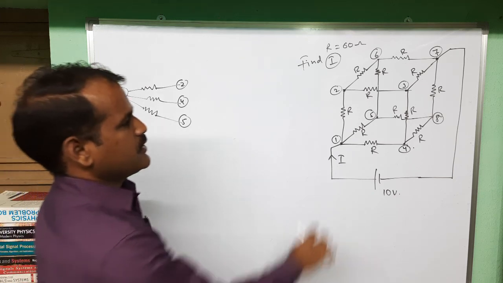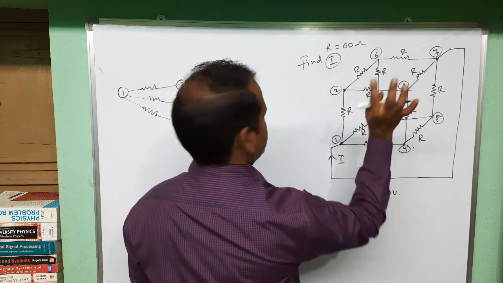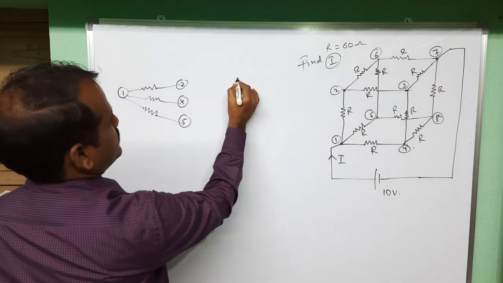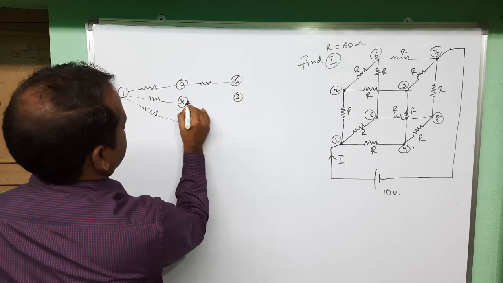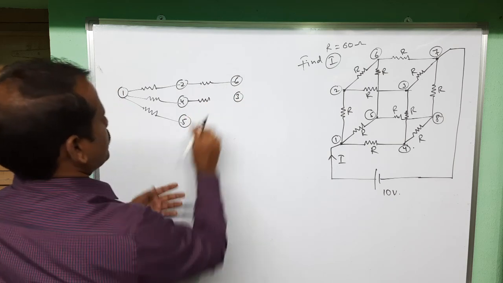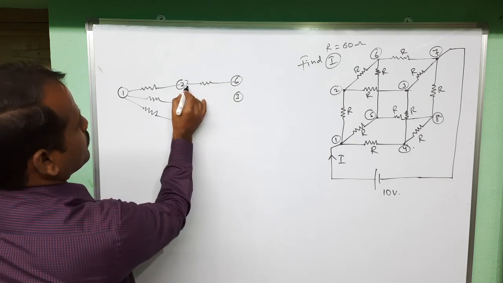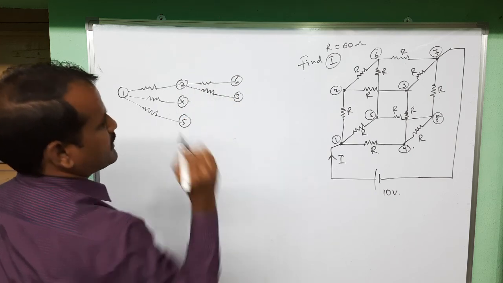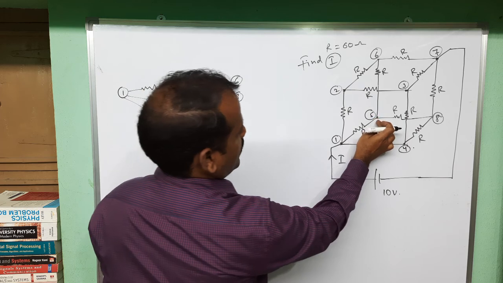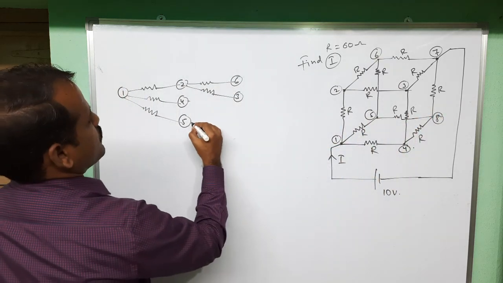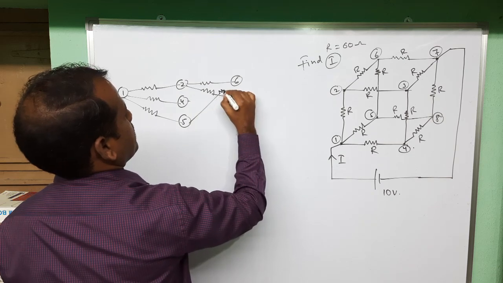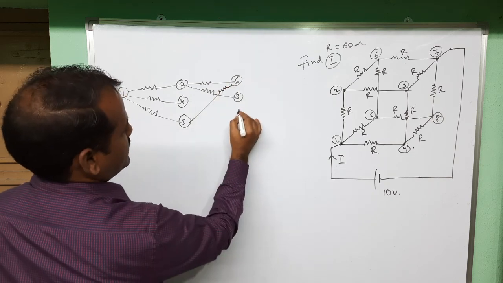Next, 2 is connected to 6 and 3 nodes. Next, 5 is connected to 6 and 8 nodes.